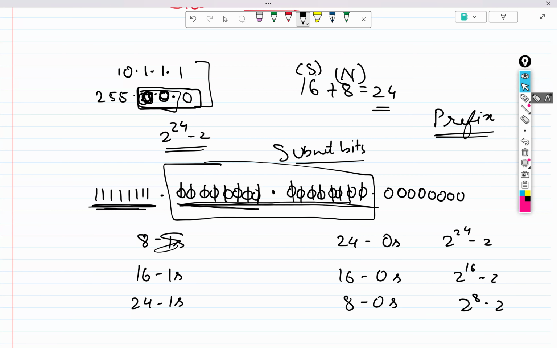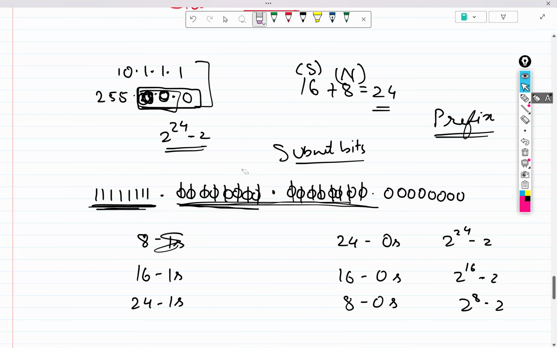Now, let's take the same example. As I said, when you are working with subnets, in an address mask all your ones are on the left hand side and all your zeros are on the right hand side. You can see this in this example, correct?